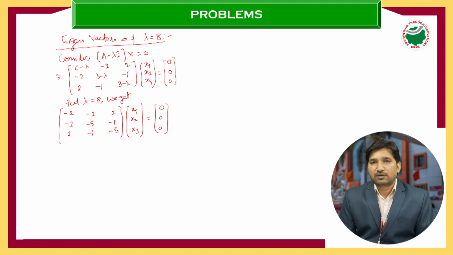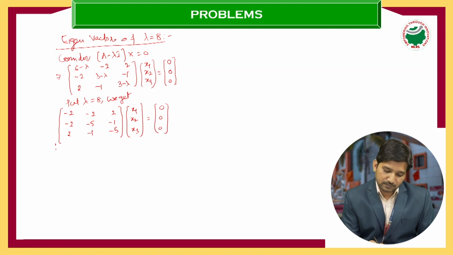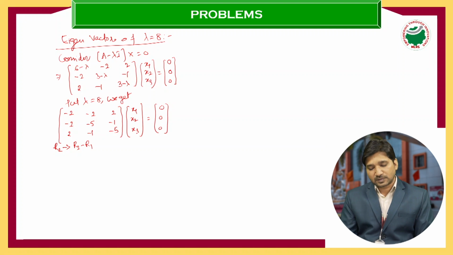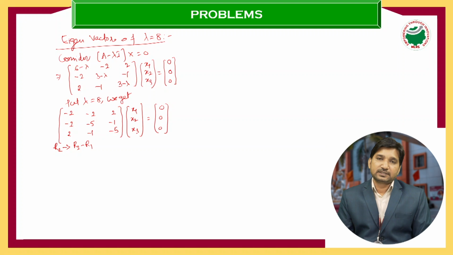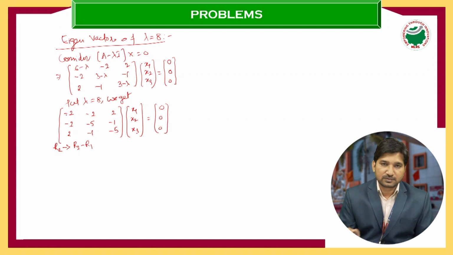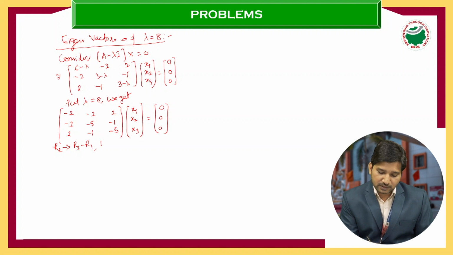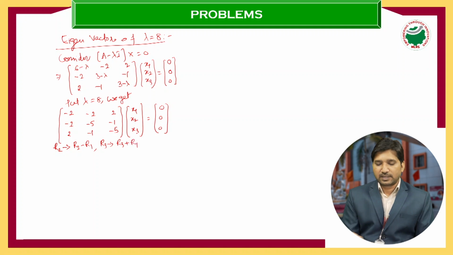R2 implies r2 minus r1. And the third row, just adding these two rows: r3 implies r3 plus r1.